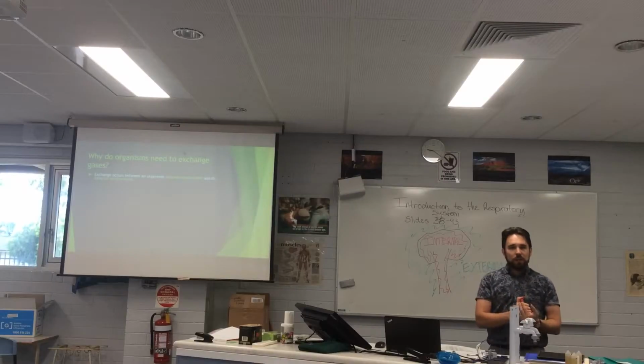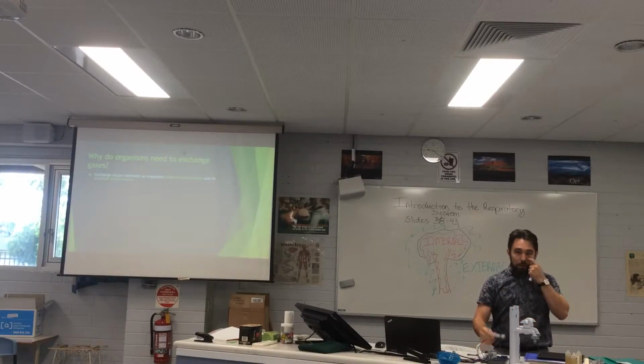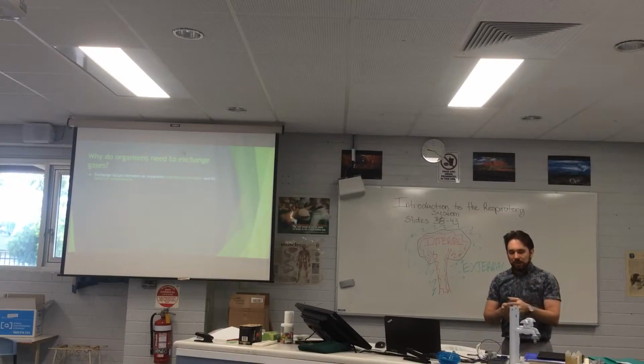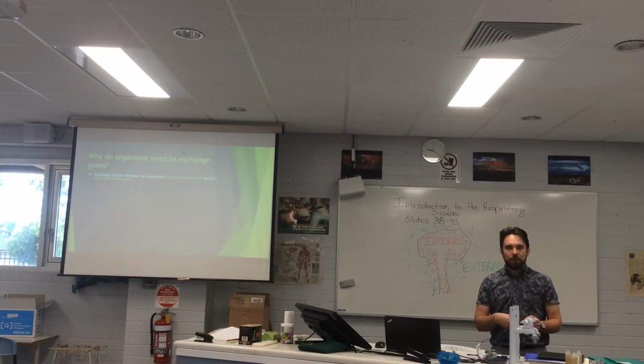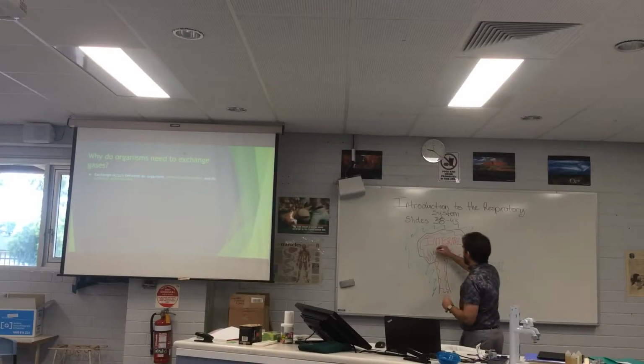In a unicellular organism, the internal environment is the intracellular fluid. They're the same thing. In multicellular organisms, the internal environment is the extracellular fluid. So in the case of our tree, this is our ECF.